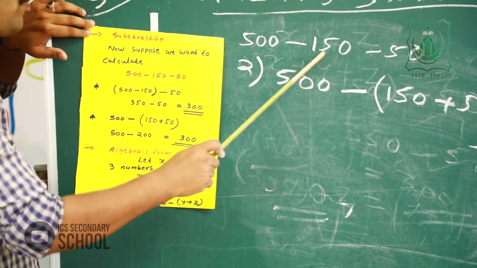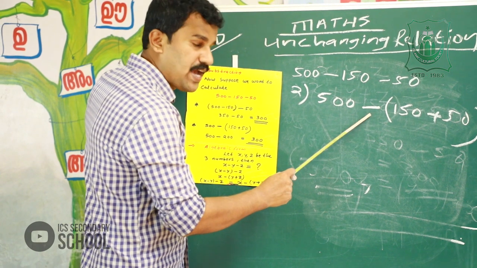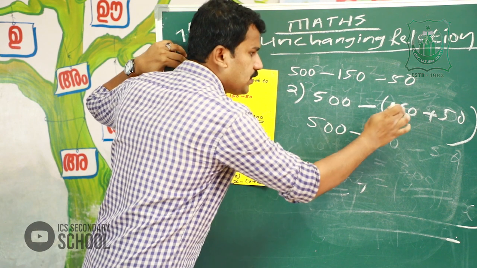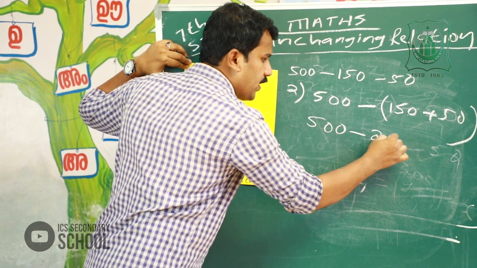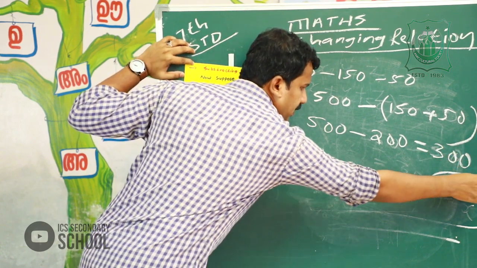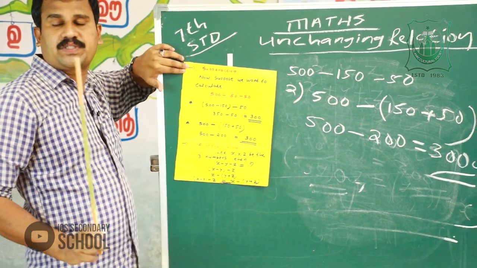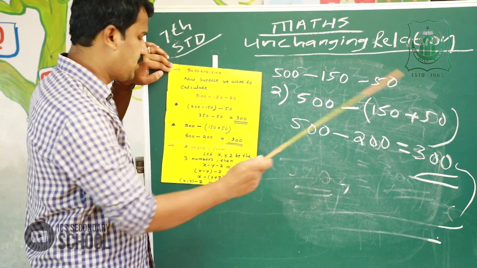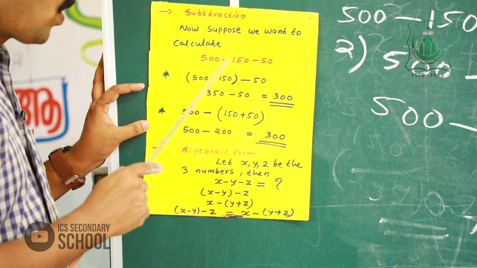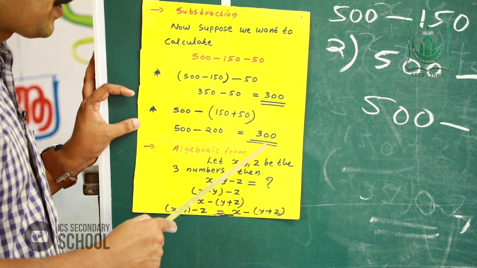You can do the same problem in another method, that is 500 minus the bracket of 150 plus 50. 150 plus 50 is 200. 500 minus 200, answer is 300. So in the two types of methods, the answer is the same, 300.